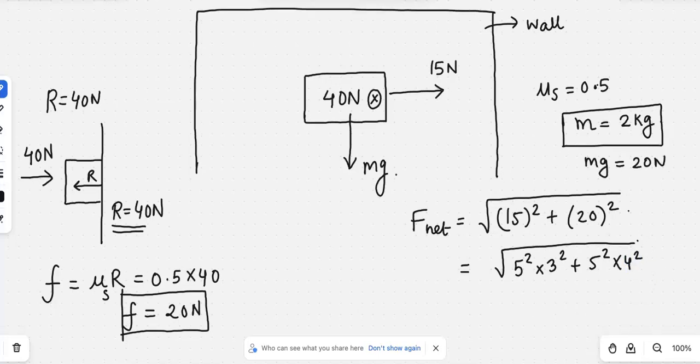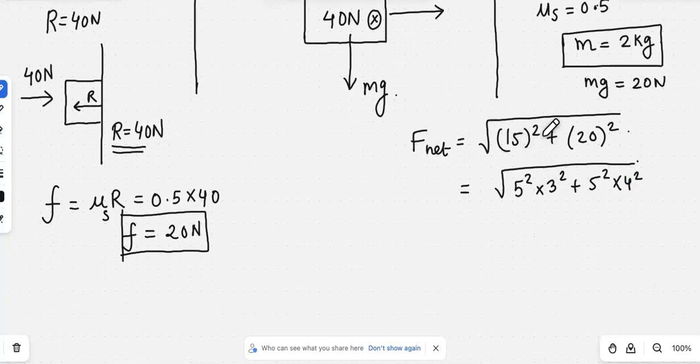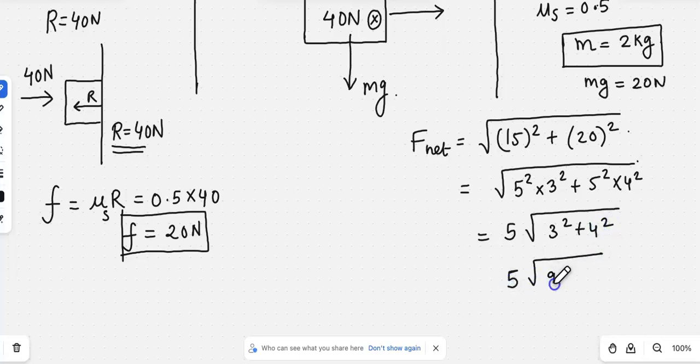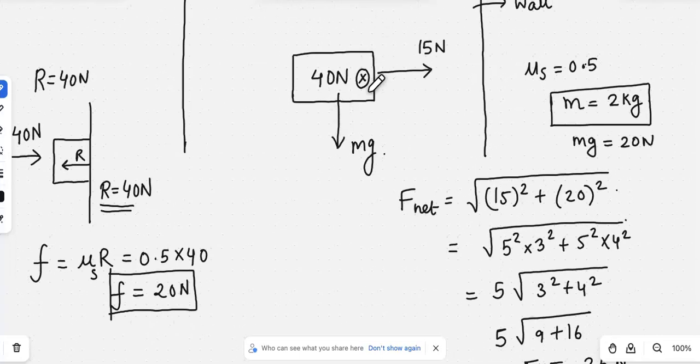I have just factorized this in 5 into 3, 5 into 4. Now I can take 5 outside. It will become 3 square plus 4 square. So 5 times 9 plus 16 is 25. So this will become 5 into 5, 25 Newton. So the net force is 25 Newton. Then of course this is greater than the frictional force, and hence it will indeed move.